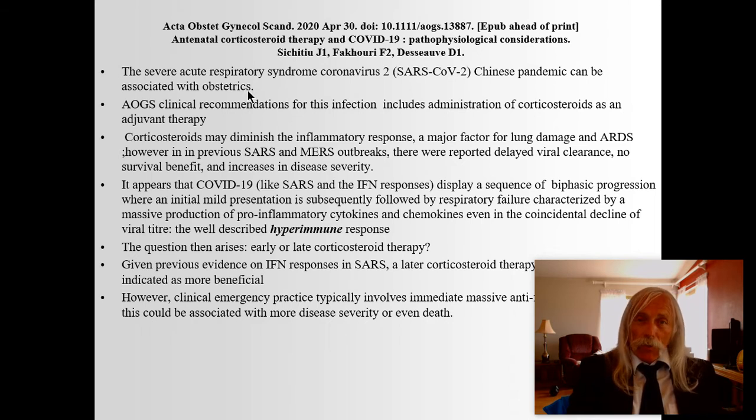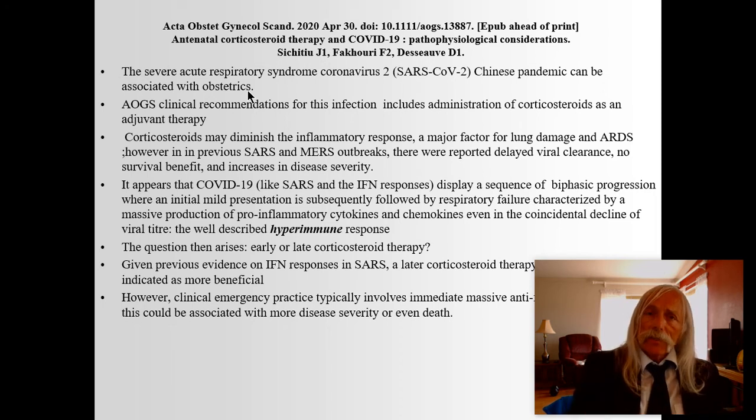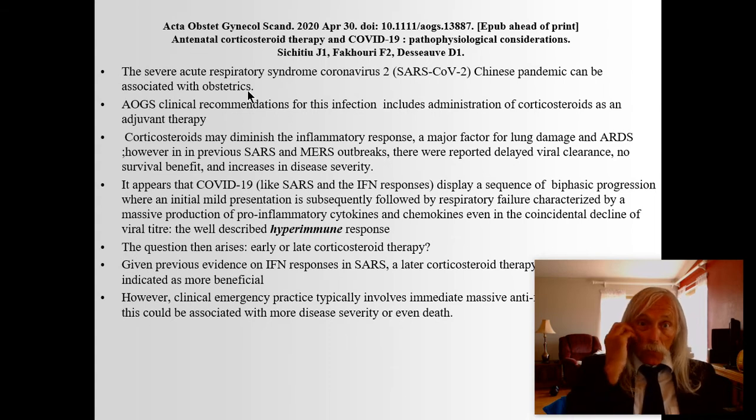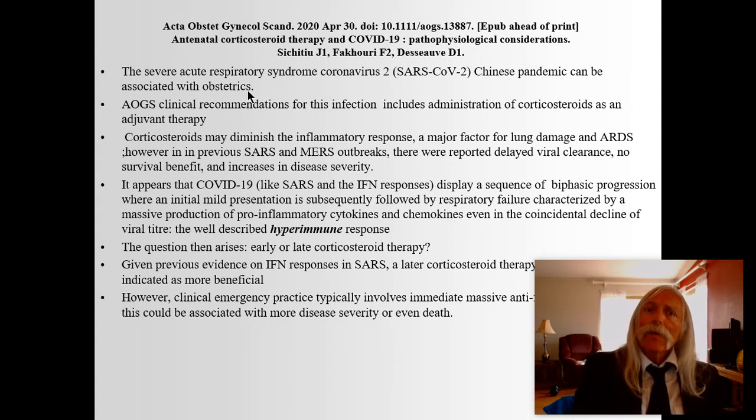Or coincident with already having a hyperimmune response because of underlying morbidity diseases such as cardiovascular disease or the drugs you take for them. Right? Okay. So corticosteroids may diminish the inflammatory response, a major factor for lung damage and acute respiratory distress syndrome, which is the underlying danger in this particular disease.